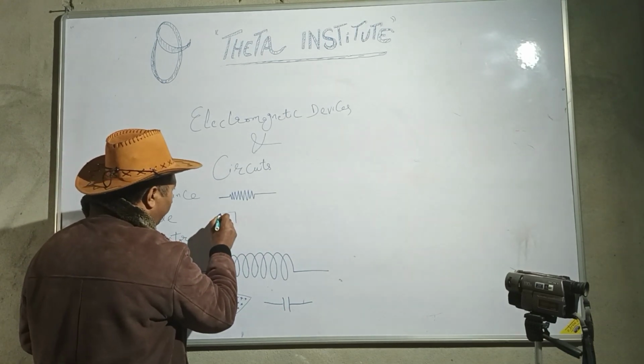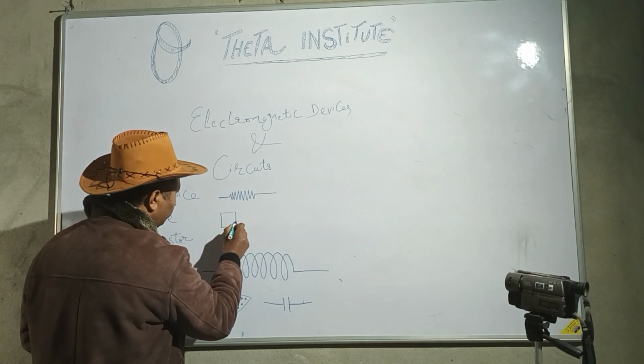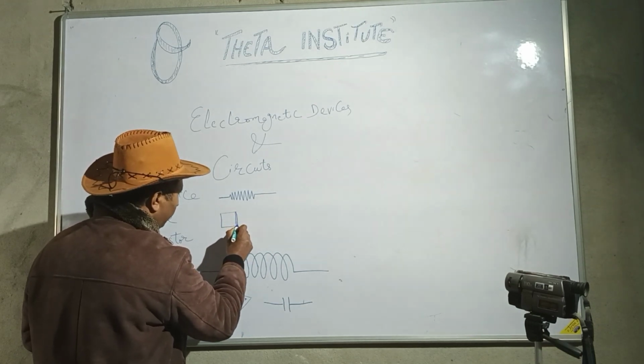Let this be a P junction and this be an N junction.